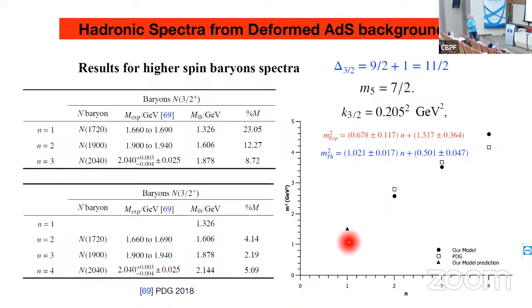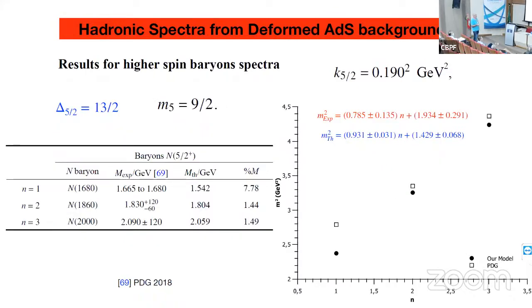We have some high speculation here, because these errors are very high. We realized that if there is one baryon missing in this picture, then we shift these masses, and the masses we are calculating, compared to those from PDG, will be much better if there is one missing particle here, which is this triangle. But this is just a speculation.